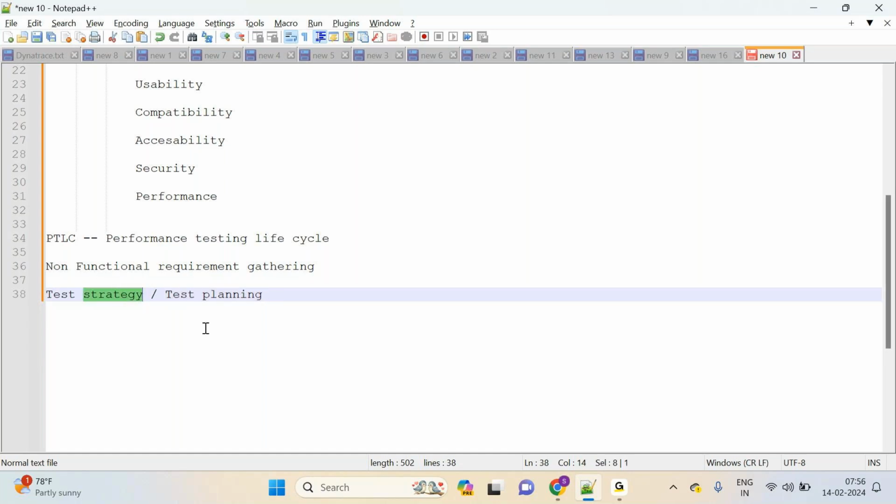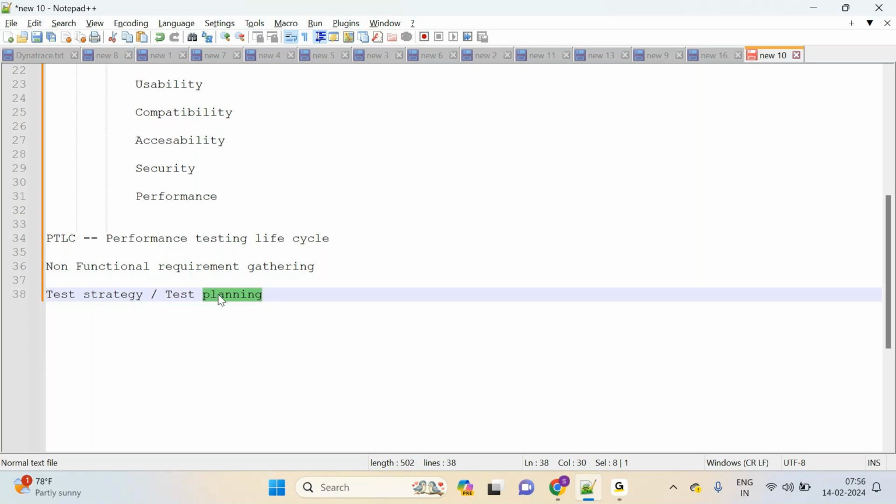The slight difference is that test strategy will have only high level information: what is your scope, what is out of scope, what you are testing, where you are testing. Risks and assumptions will also be in the test strategy document. But test planning is where you do a very, very detailed planning document.